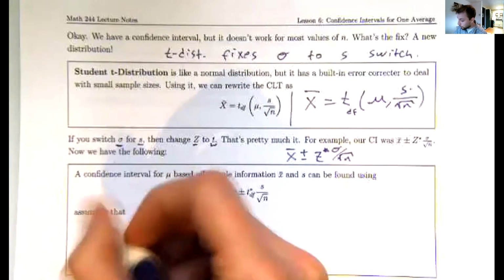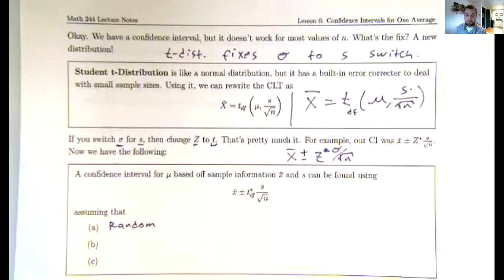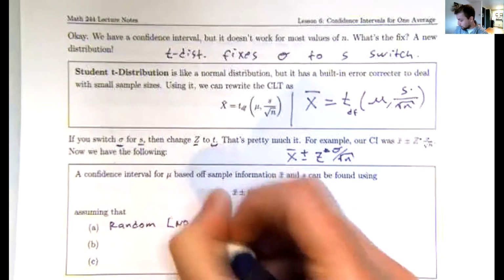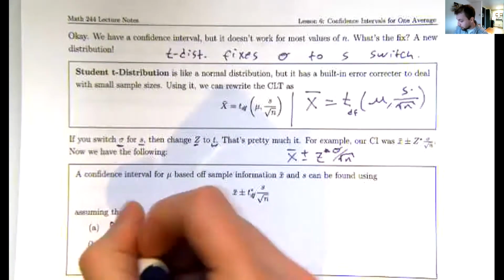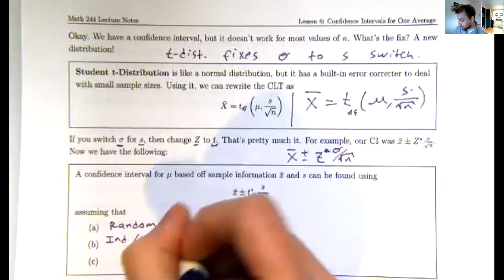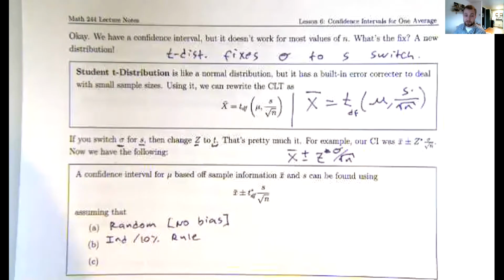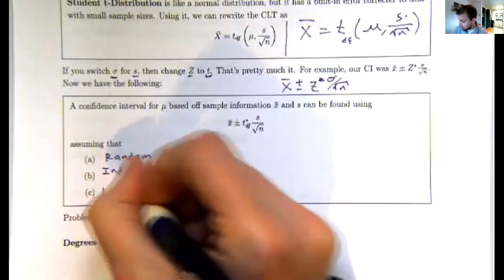But the assumptions for this model shouldn't be too surprising. Random, by that I mean there's no bias. I need to have independence. By that I mean that one sample does not affect another, or I'm sampling less than 10% of the population. And I need a large sample size.